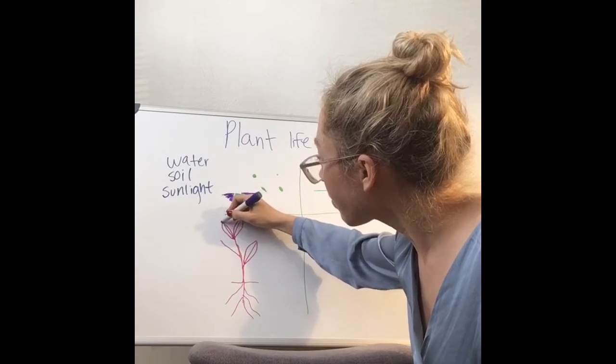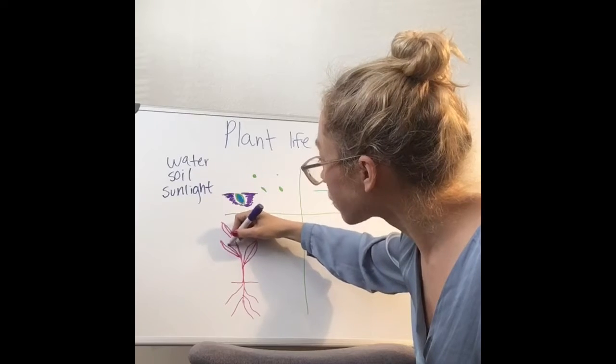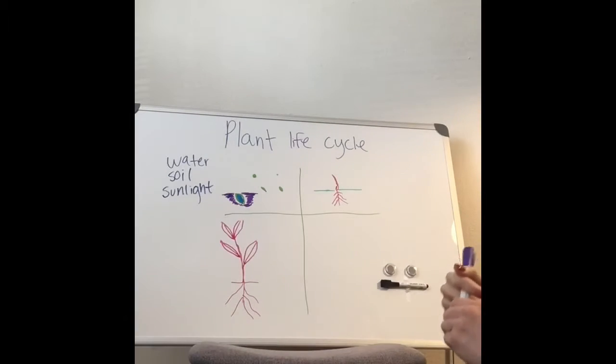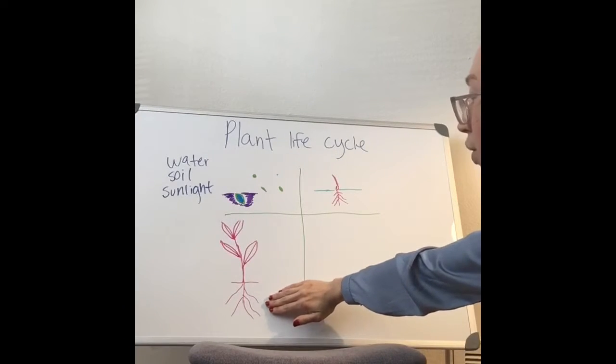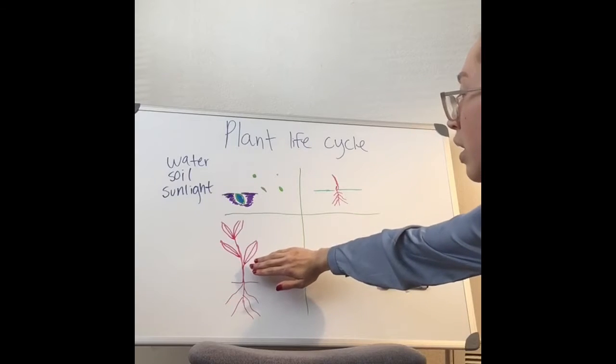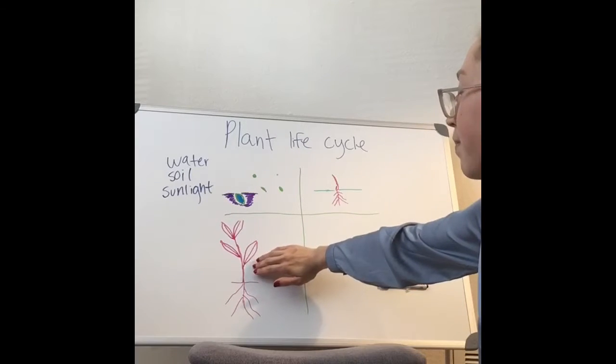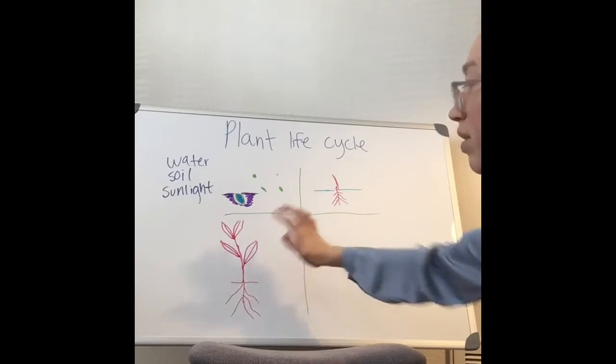So this plant has a few different parts. This is the root, this is the stem, and these are the leaves.